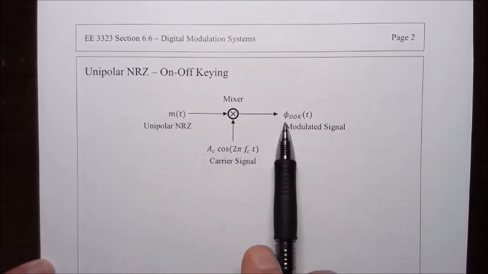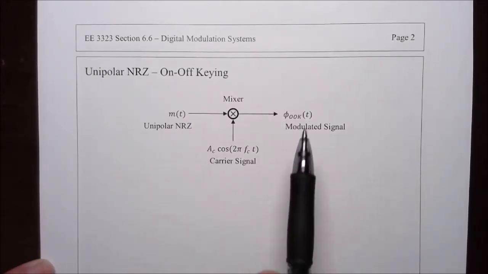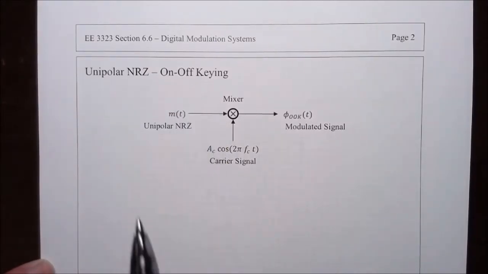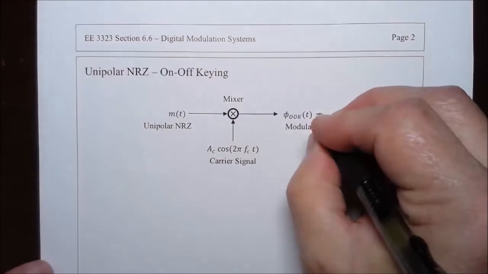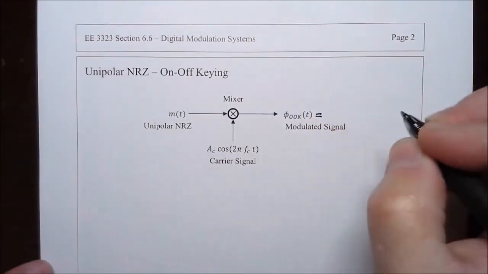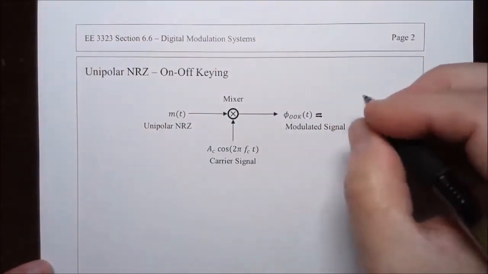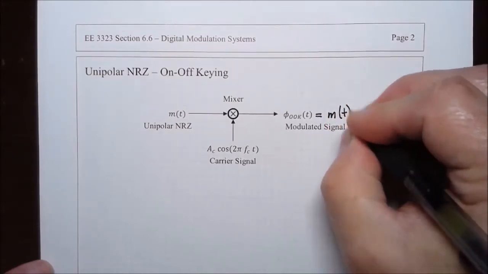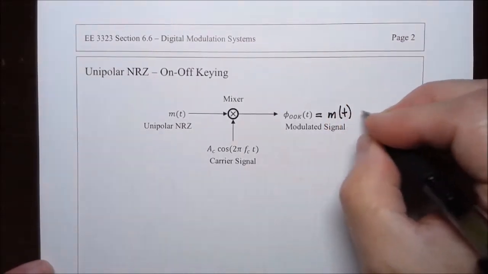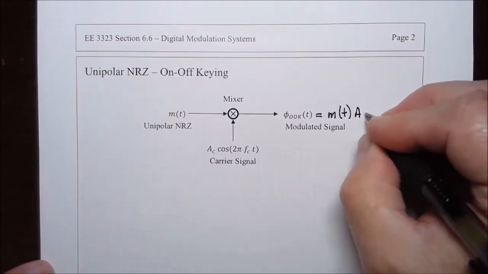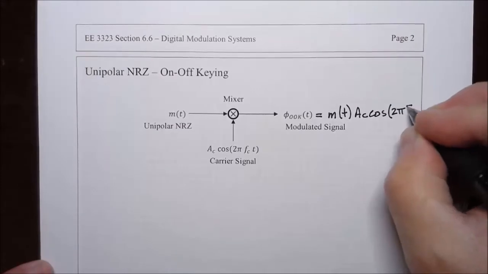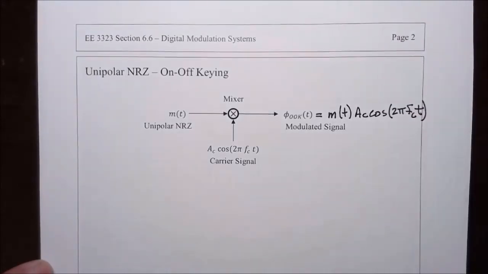and the signal that comes out is OOK, which stands for on-off keying, and it will essentially be an amplitude modulated signal. So the output of the mixer is the input signal m(t) times AC cosine 2 pi FC t.